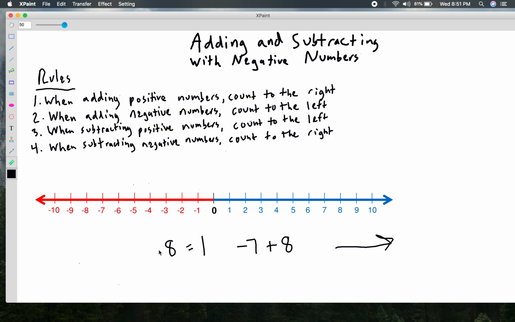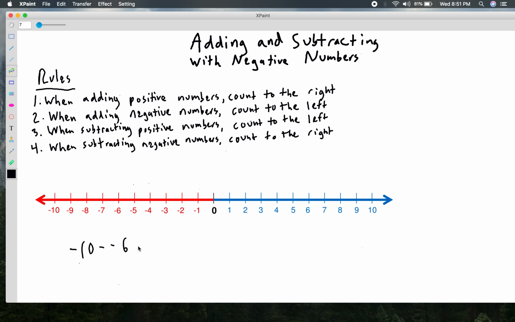Okay, let's do another example here. If you guys follow the rules, you should be fine. So these rules can be found anywhere. These are the basic rules of adding and subtracting with negative numbers. Let's do negative 10 minus negative 6.